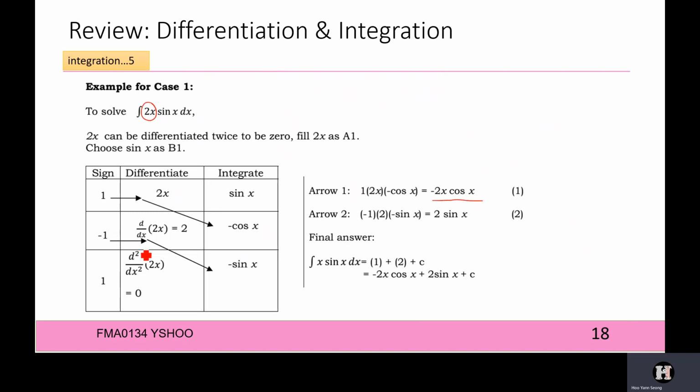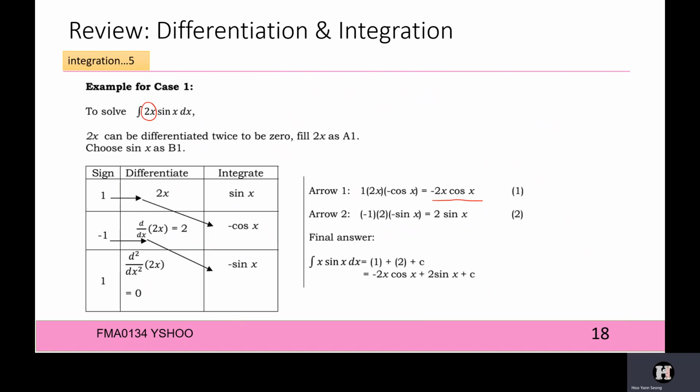Then the second arrow, you have a negative multiplied by 2, then multiplied by the negative sine, so you have a 2 sine x. Because this one is already 0, you definitely don't need to go to the fourth row. So then for your final answer, just combine these two, and put a plus c at the back.